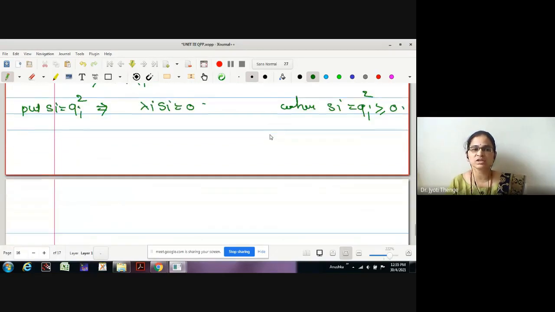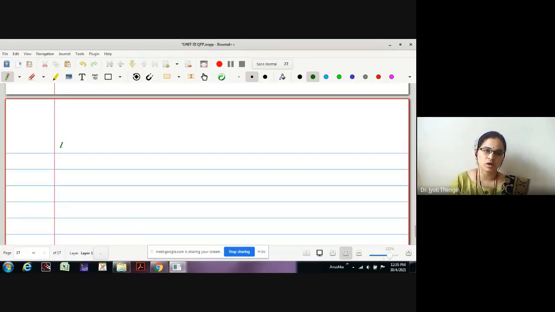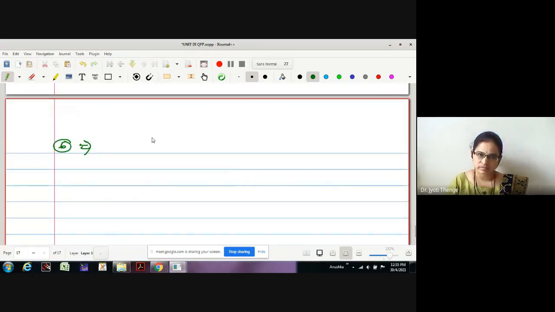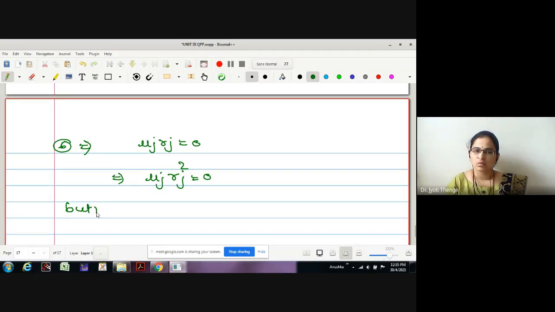Now let us check what 6 results into. What is 6? Mu j rj is equals to 0. Can I write this as mu j rj square is equals to 0? But what is the constraint we have? Minus xj plus rj square is equals to 0.